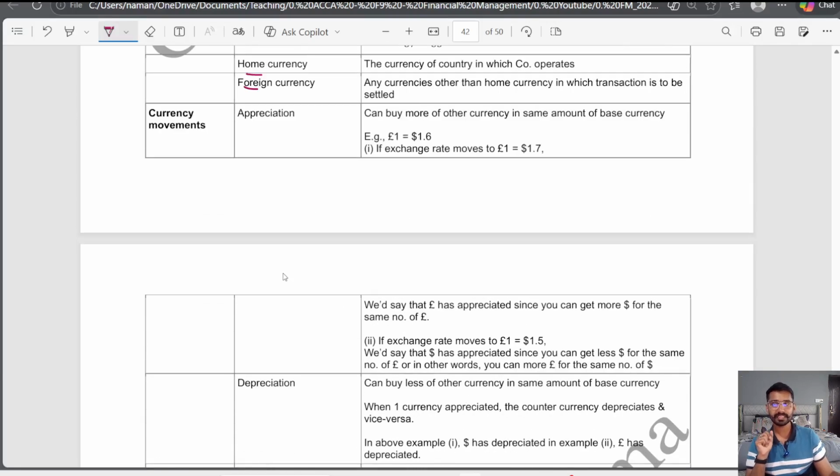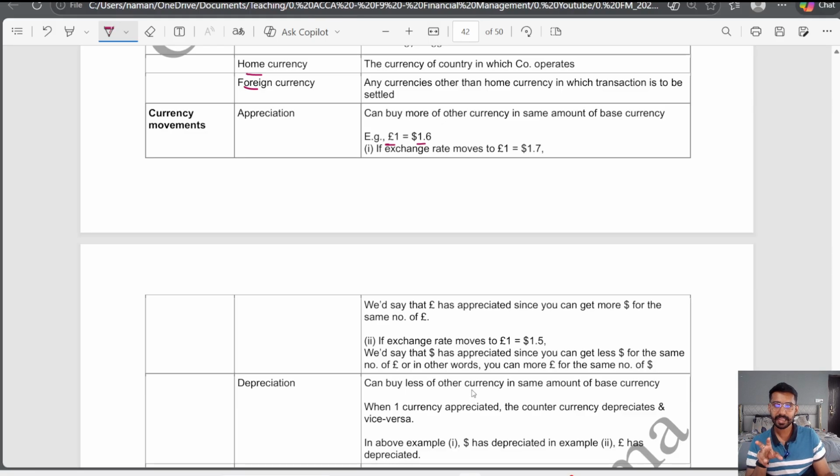Okay, now we discuss appreciation and depreciation. If you can buy more counter currency with the same base currency, okay, you have £1, it gives you $1.6.